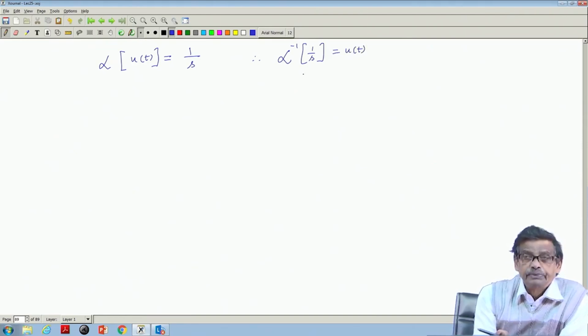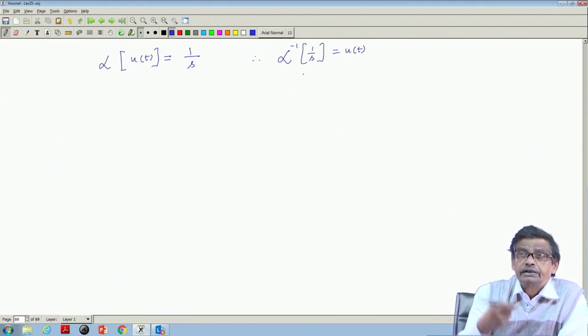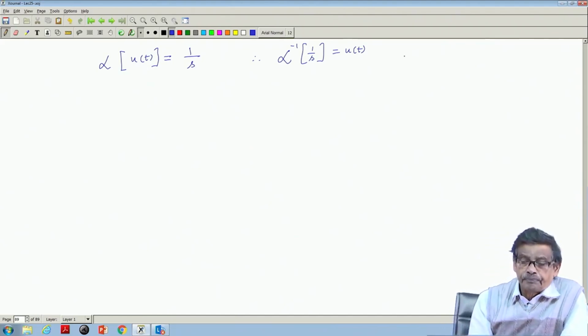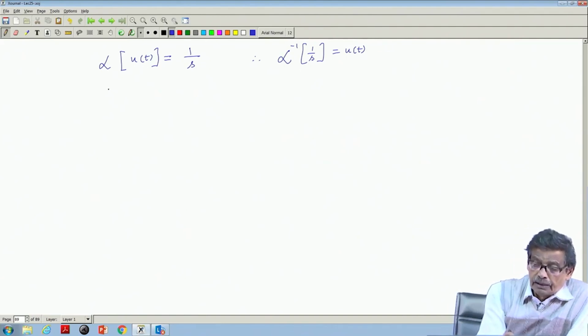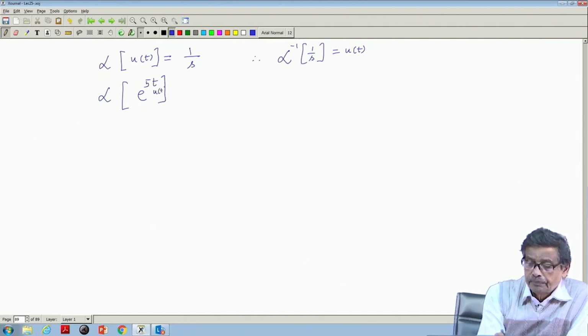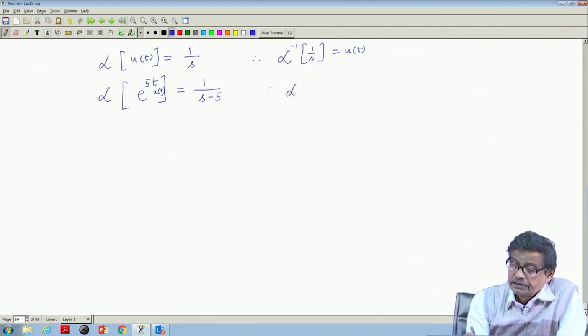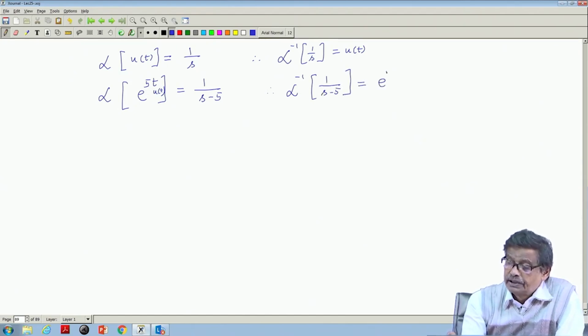So, look at the description on the right hand side, try to fit it with some transform formula, then you are done. For example, the Laplace transform of e to the power 5 t into u t is equal to 1 over s minus 5, correct. Therefore, the Laplace inverse of 1 by s minus 5 is nothing but e to the power 5 t into u t, like that.